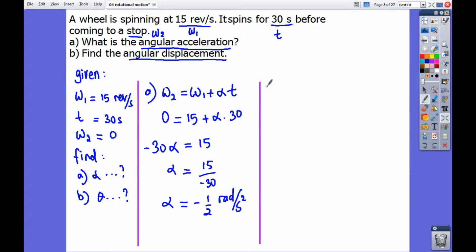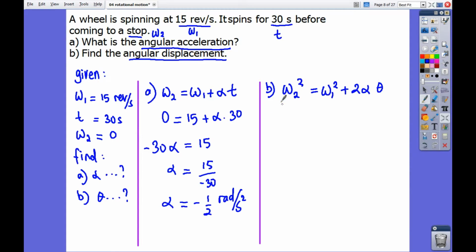Now find the angular displacement theta. It can be found with this equation. I prefer using the third one, omega 2 squared equal to omega 1 squared added by 2 alpha theta.